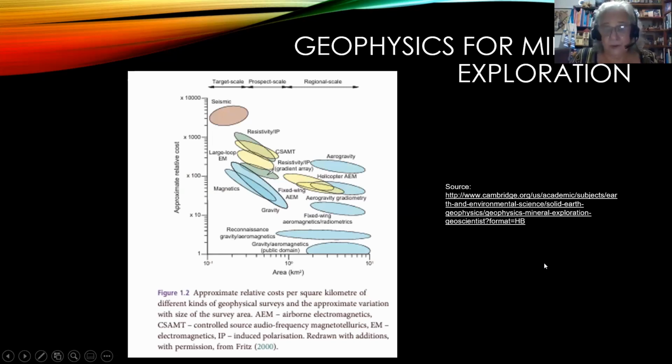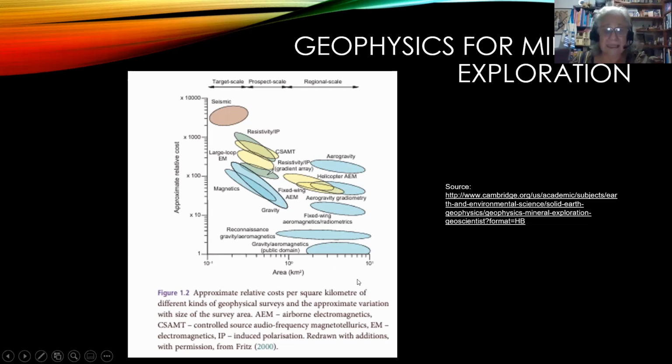Another thing to think about is, of course, the cost. This is a graph showing the approximate cost, and this is the area that is covered.